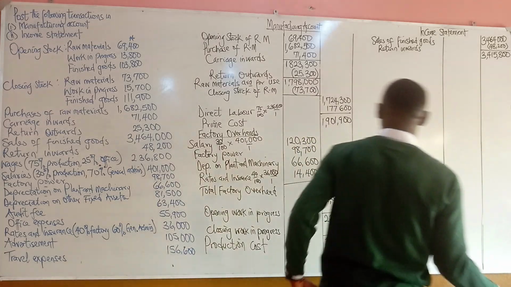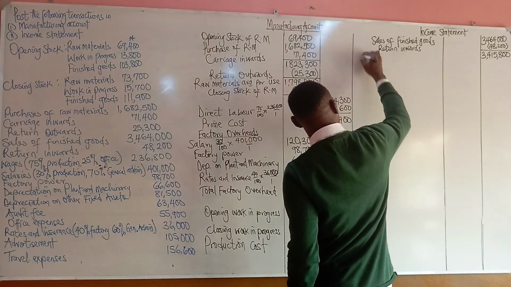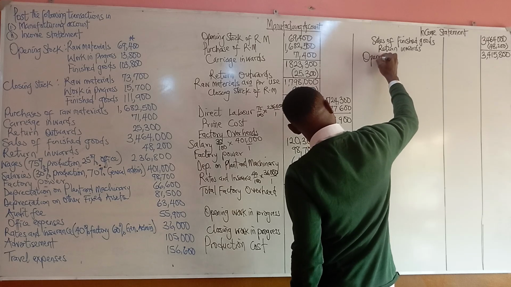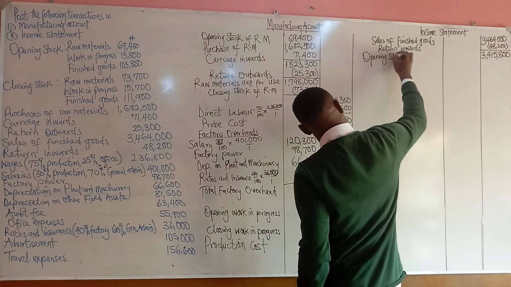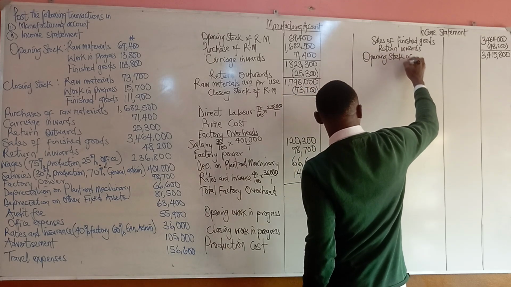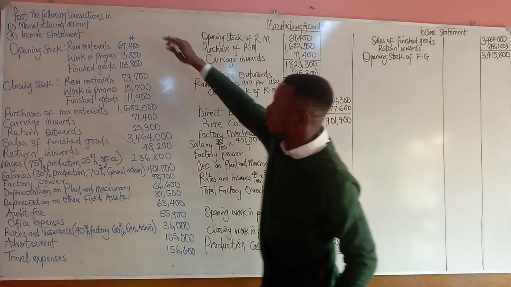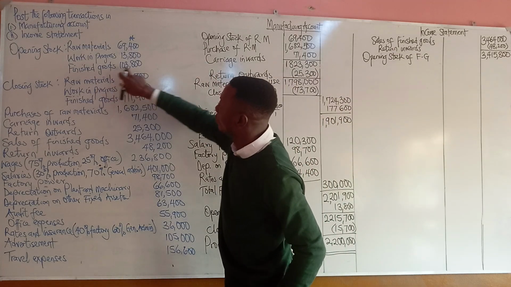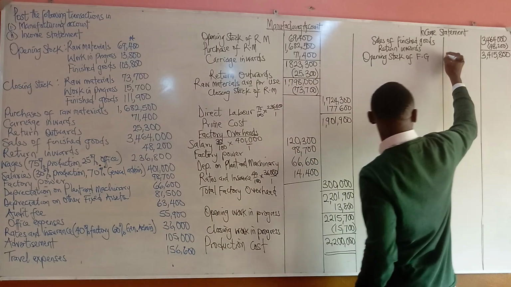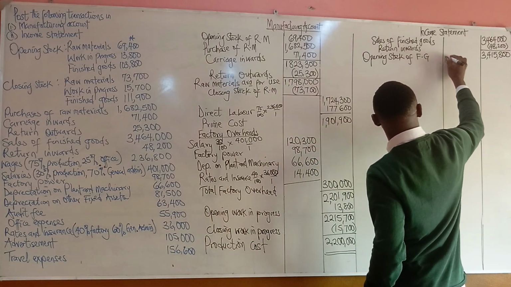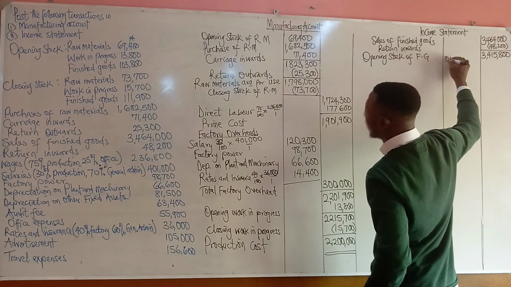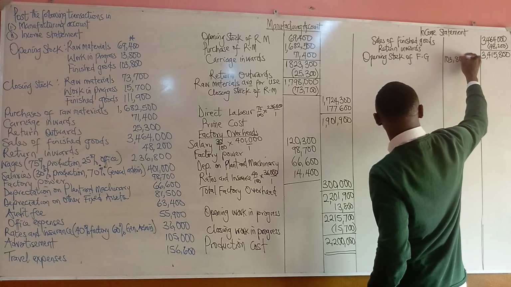So I'll start with my opening stock of finished goods. Our opening stock of finished goods is 103,800.